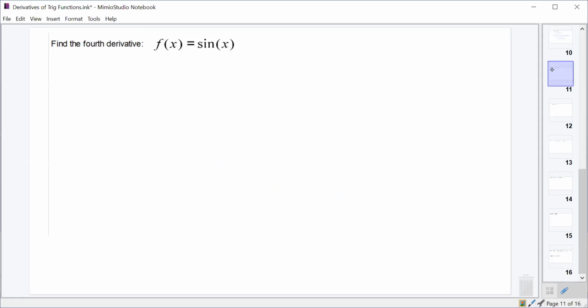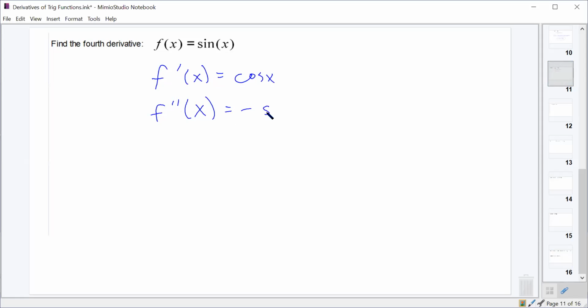All right. Let's do this one. This will be fun. Finding the first 4 derivatives of sine x. So what's the first derivative? We know that one already, right? Derivative of sine is cosine x. What's the derivative of cosine? We should know that one. That's our second derivative.